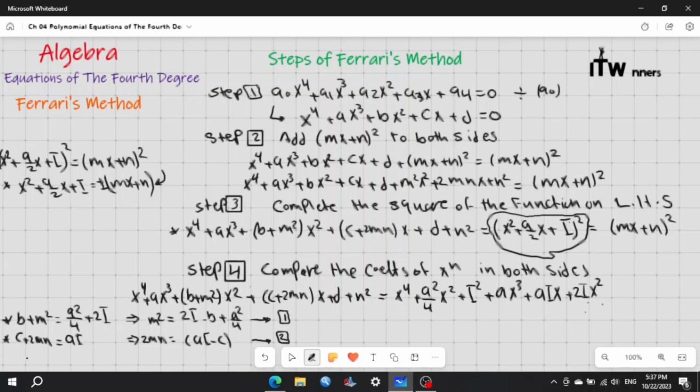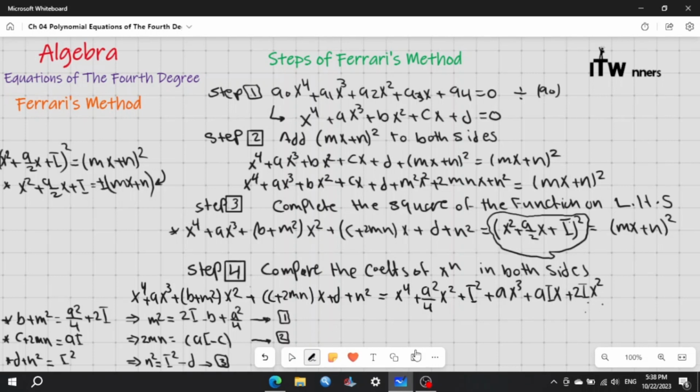Again, compare the free term: d plus n squared equal to i squared, so n squared equals i squared minus d, and here is the third one.